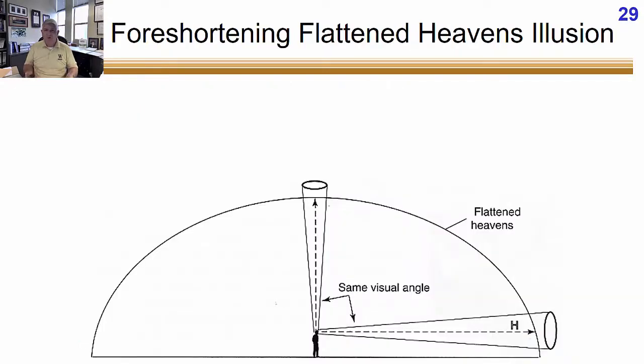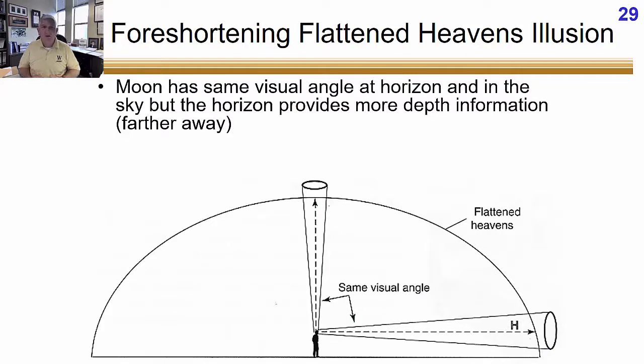This is that foreshortening that they talked about in the video that we just watched, where even though the moon has the same visual angle and the same stimulation on our retina, when it's vertical, we have that foreshortening or flattened heavens illusion. We think that it is further away than it is, and so therefore it appears smaller. Whereas when it's up against the horizon, which is a known distance away, we think it's closer to the horizon, therefore much bigger.